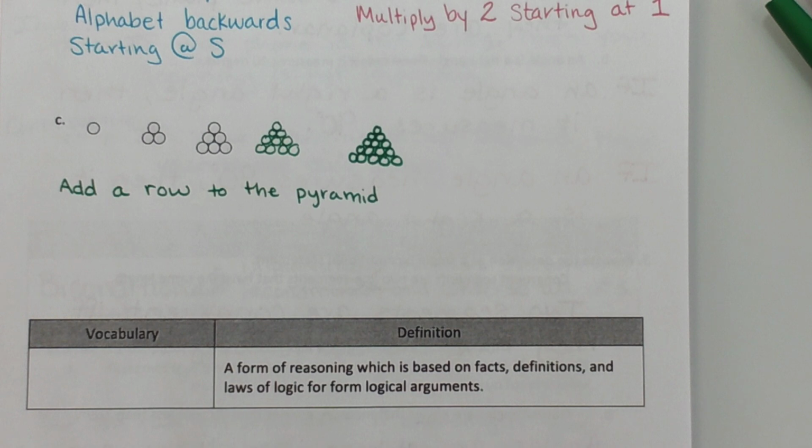Inductive reasoning is a form of reasoning that's great to be able to use. The problem is that inductive reasoning is not perfect, because as you go through things, you can follow the pattern, but do patterns always hold true?